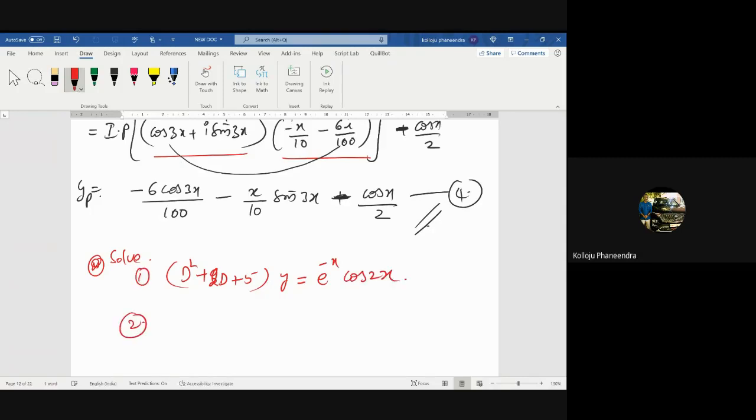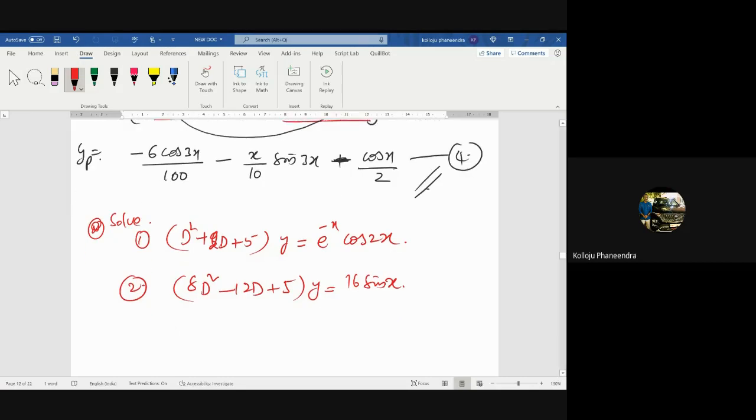Next one, 8D square minus 12D plus 5 into y equal to 16 sine x. That is okay, sine, no problem.